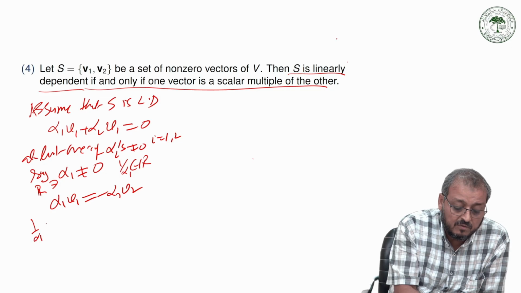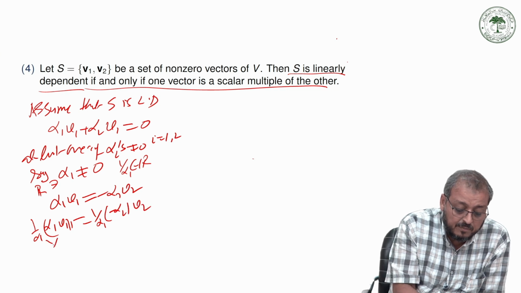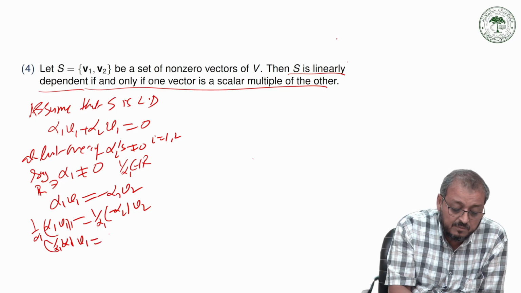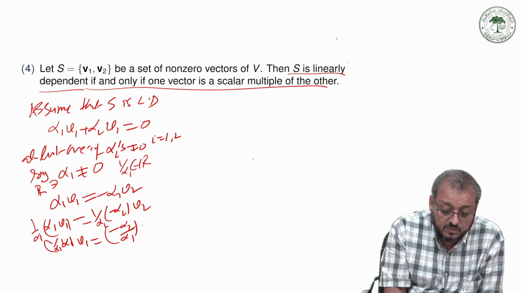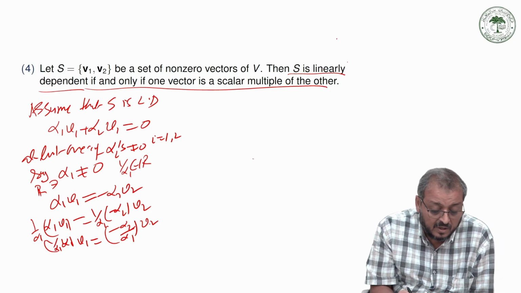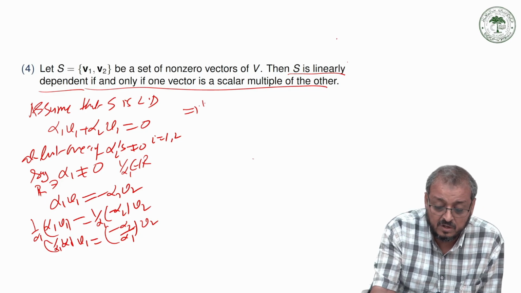Then 1 upon alpha 1 times alpha 1 V1 can be written as minus alpha 2 upon alpha 1 times V2, and this implies, using the identity 1 times V1 is equal to V1, that V1 equals minus alpha 2 upon alpha 1 times V2.